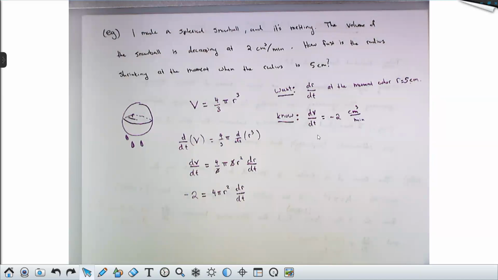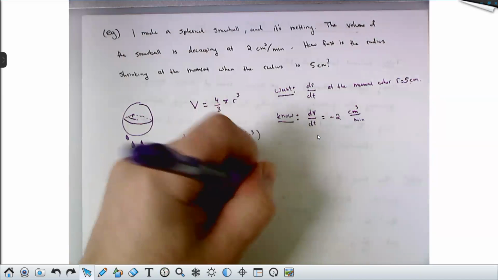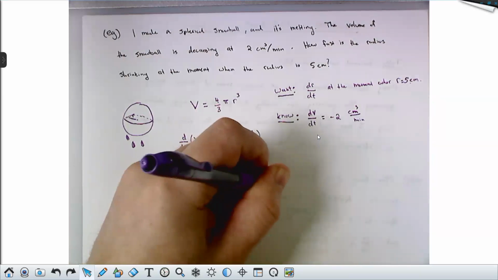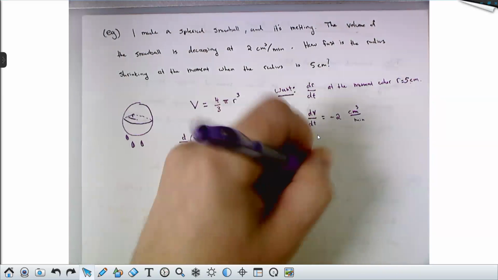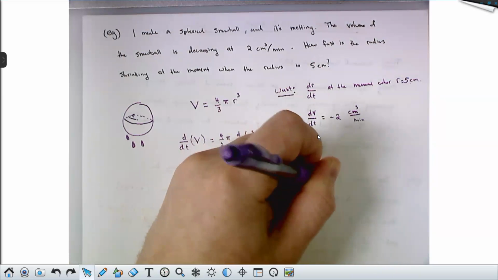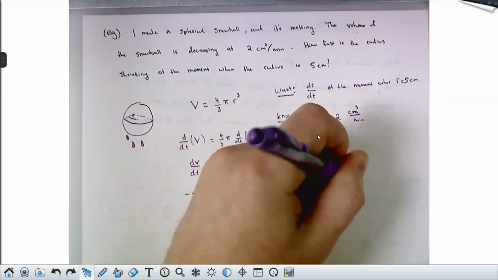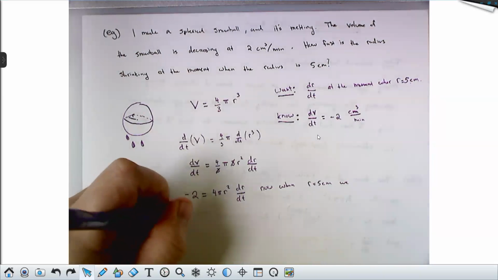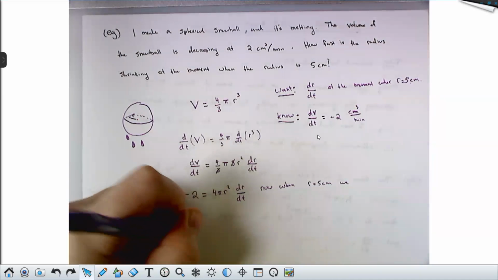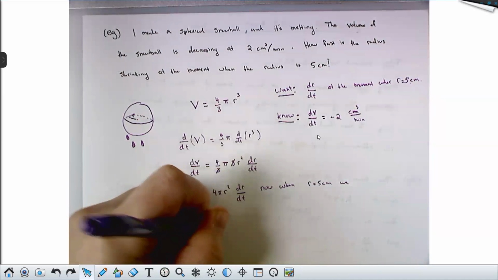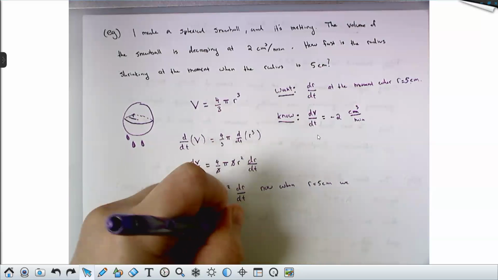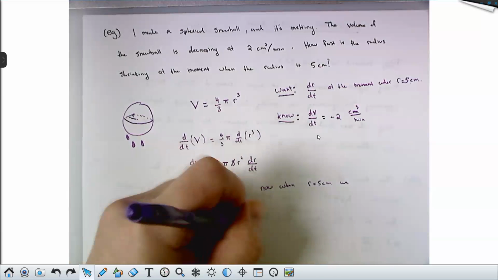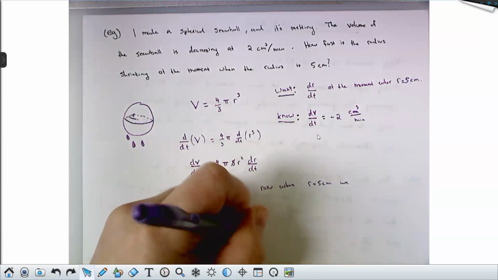Very good. So what I get now, when r is equal to 5 centimeters, we have -2 is equal to 4 pi times 5 squared dr dt.